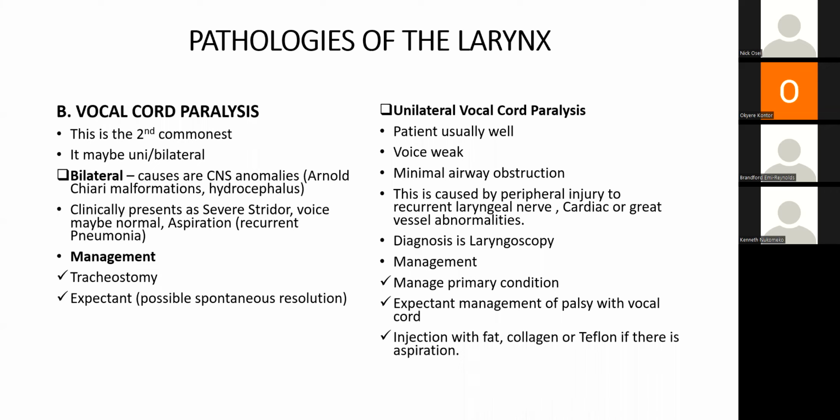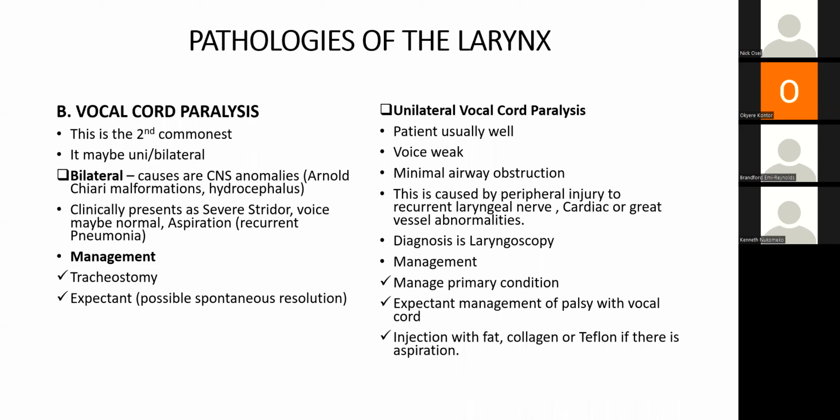The recurrent laryngeal nerve can be injured during surgical procedures such as thyroidectomy, when we are removing thyroids in conditions like goiter, either solitary or multinodular. If care is not taken because of where the laryngeal nerve passes, the surgeon sometimes injures the recurrent laryngeal nerve.